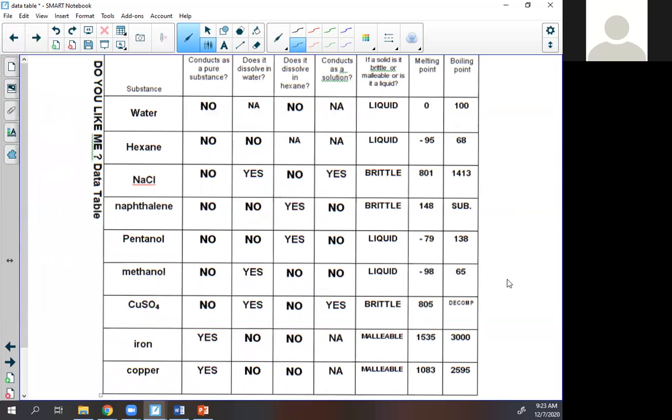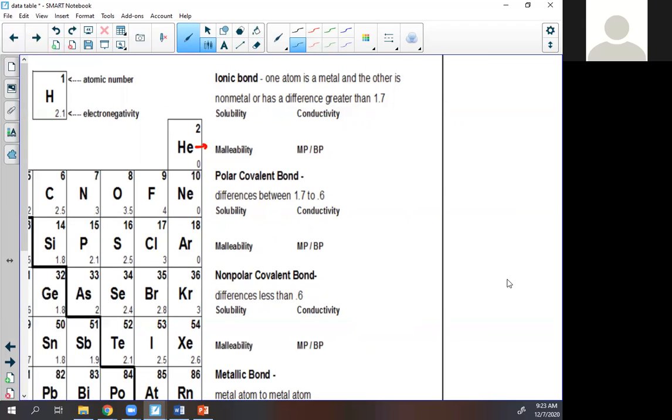So what you are going to do, and make sure you write this really clear so that you get the test questions perfectly right. When you have an ionic bond, its solubility is in water only. Okay? Now, it would dissolve in other polar substances, but I'm not going to name another polar substance.